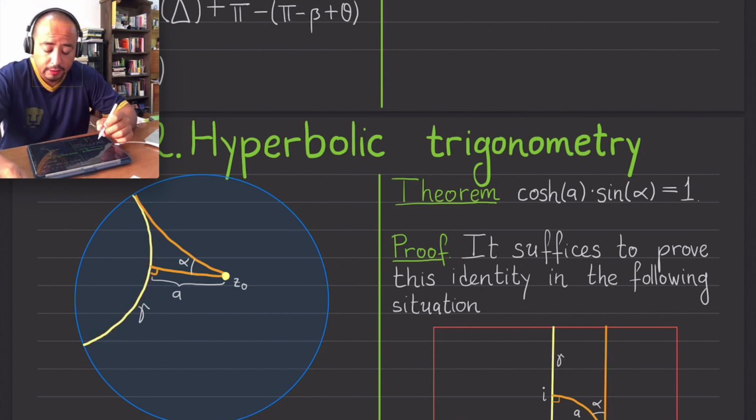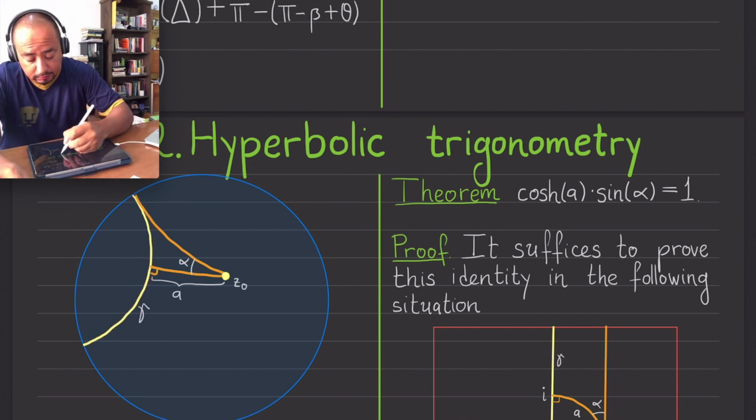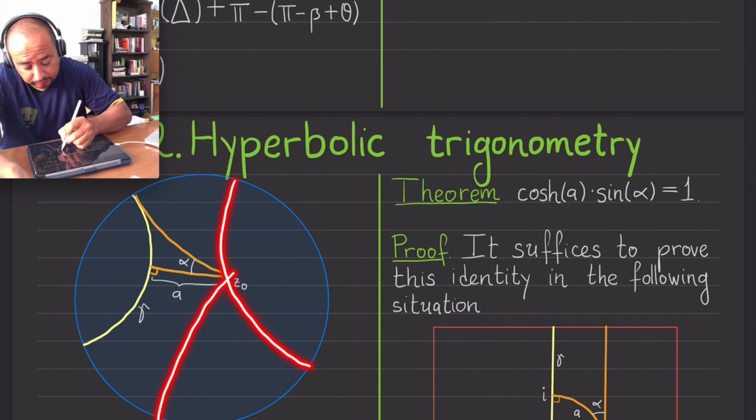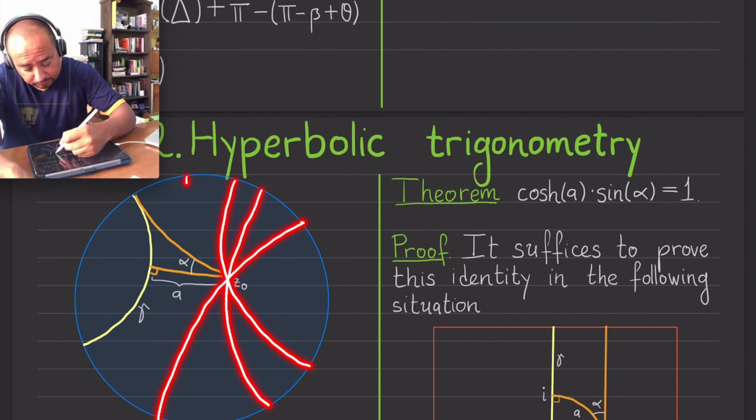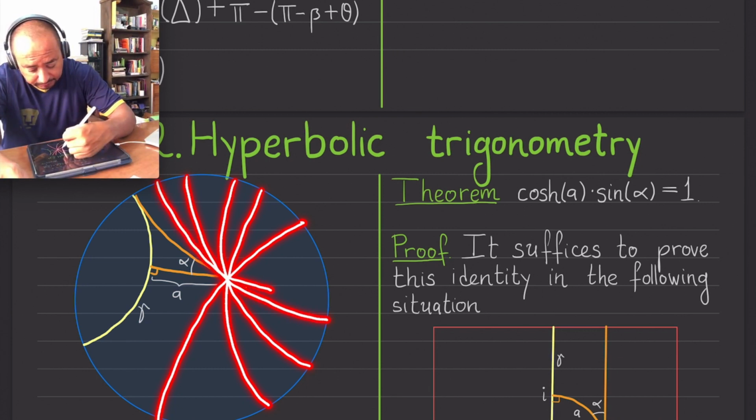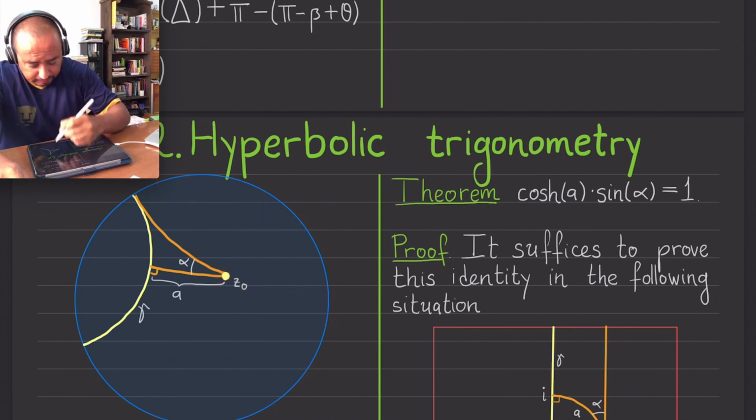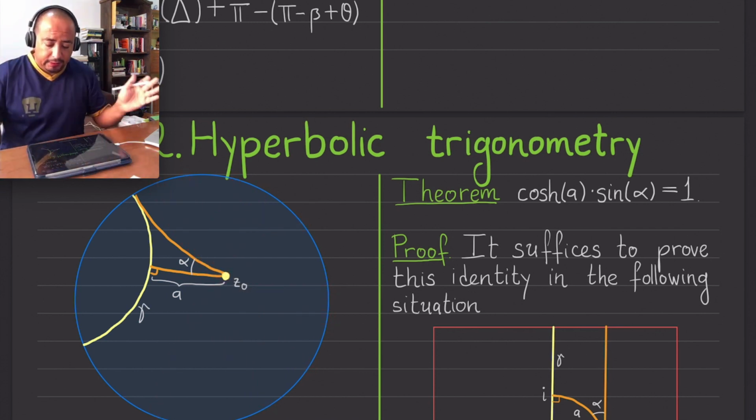Right? So here is one of them sketched, and then I can draw another one, and so on. I know that my drawings are not perfect and perhaps a bit misleading. But my point is there are many, right?